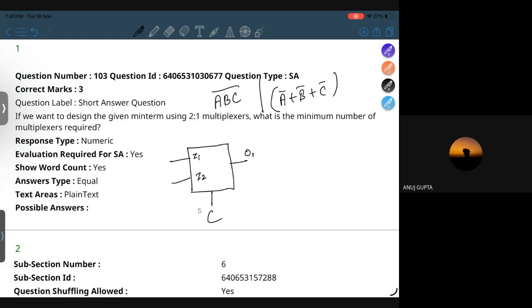I cannot get it directly, but if we write 1 here and a 0 here, this will output the complement.